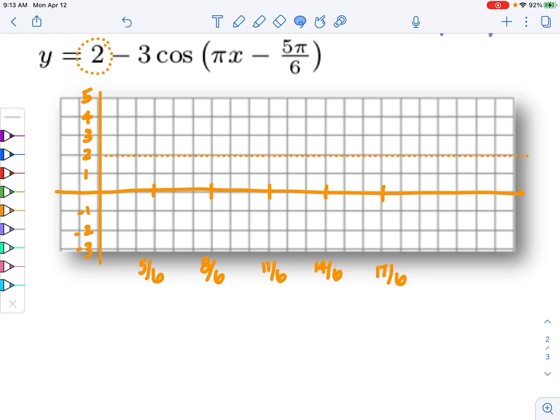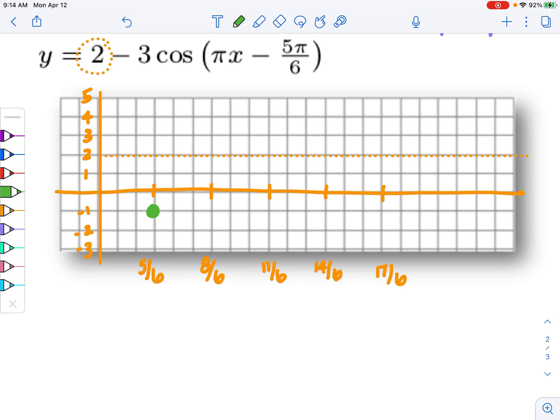Now, it's a cosine function, so cosine normally starts 1 unit above your x-axis. But this is an amplitude of 3, and it's negative. So instead of starting here, it wants us to go by 3, but in the opposite direction. So here's my x-axis, 1, 2, 3. This will be my starting point, because this right here is that +2 of shifting the graph up 2.